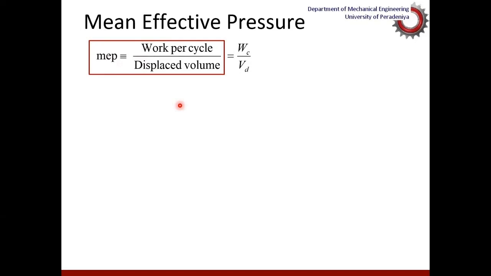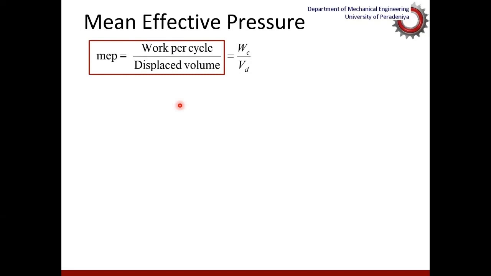Accordingly, for example, if it is a 4-stroke engine that runs at 1000 revolutions a minute, it will create 500 cycles per minute. So the time duration per work per cycle is very short. Accordingly, the parameter that we would like to use to discuss the operations is not the work per cycle, but the power.